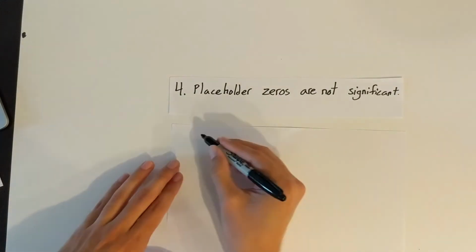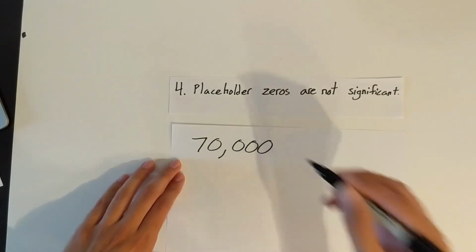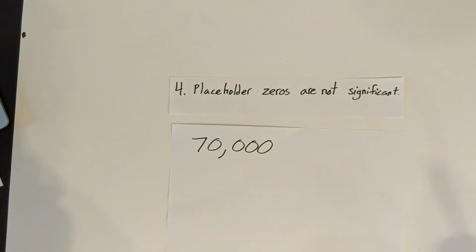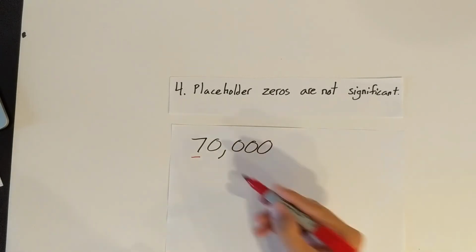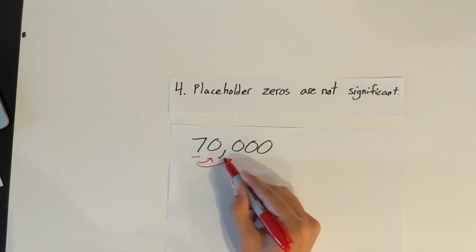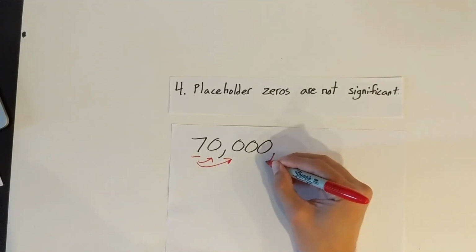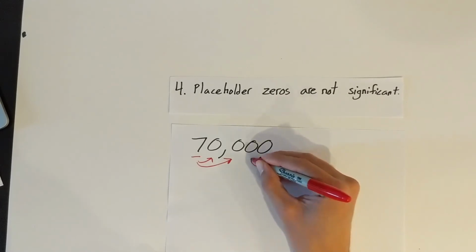So if I wanted to write something like 70,000, I would be finding my significant figures. That 7 is a significant figure, and none of these other zeros are, because they are to the right of my 7, my significant figure, but they are also on the left side of my decimal.